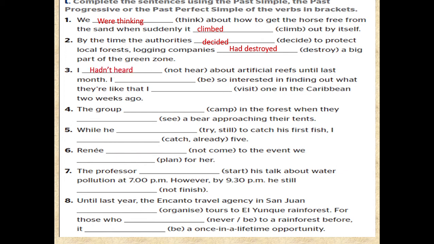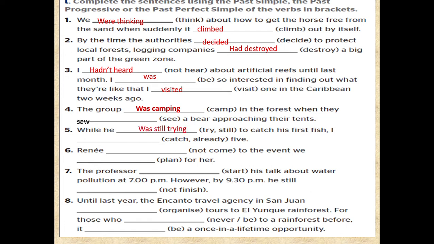I hadn't heard about artificial reefs until last month. I was so interested in finding out what they are like that I visited one in the Caribbean 2 weeks ago. 4. The group was camping in the forest when they saw a bear approaching their tents.